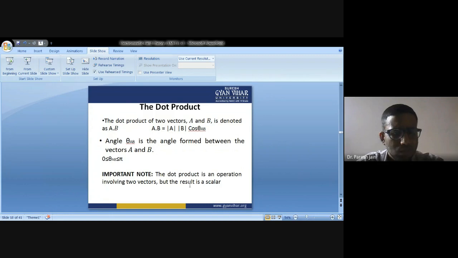Now we have the dot product of two quantities. The dot product of the two vectors a and b is denoted as a dot b.